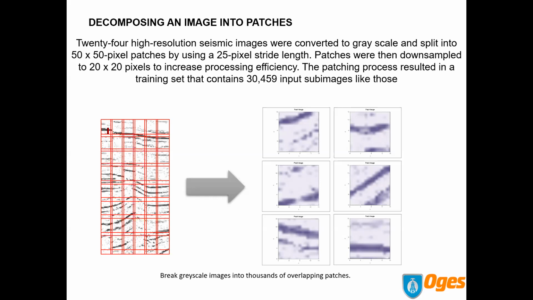It's trying to determine edges of some of the seismic events and some of the direct hydrocarbon indicators. A grayscale image of a resolution of, say, 2560 by 1920 consists of nearly 5 million pixels. So it's a prohibitive number of features for most predictive algorithms to use directly as an input.